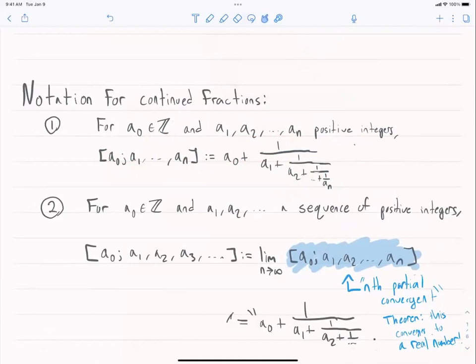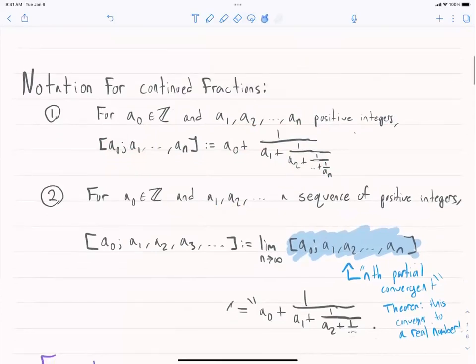And then we saw right at the end of Tuesday's lecture, when we looked at square root of 2 and applied this process for expressing it as a continued fraction, that it's also interesting to allow an infinite sequence of positive numbers. So instead of chopping off at some n, these just keep on going. And so here we define an infinite continued fraction. So same notation, but A0 colon A1, A2, A3, and now this list never ends.